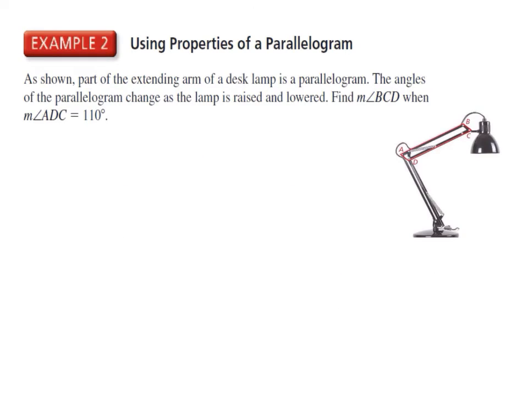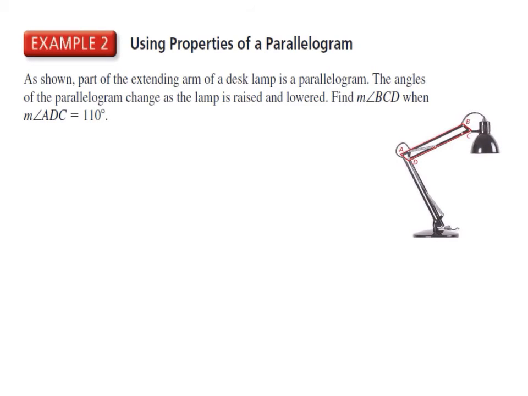All right, let's take a look at example 2. We see that in this desk lamp, the extending piece is a parallelogram, which means that the angles formed here, this shape is a parallelogram, so we want to find the measure of angle BCD when angle ADC is 110 degrees.